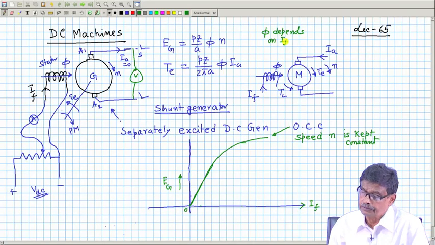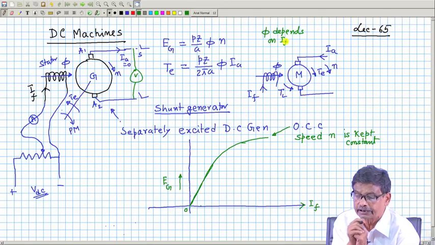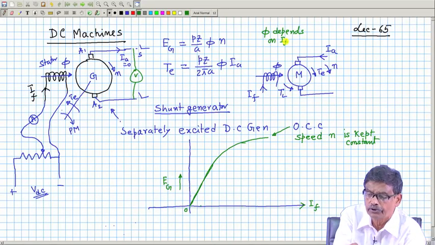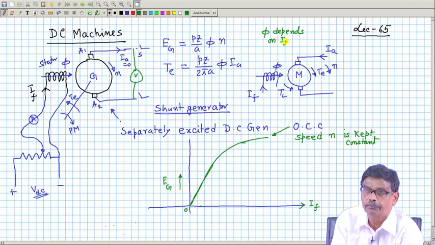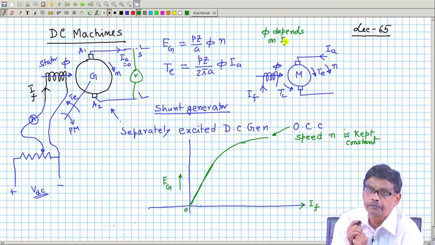Now, why is it called open circuit characteristics? Because I am not going to draw any power out of the armature; the armature is open. Suppose I carry out the same experiment at half the rated speed, how will the OCC look?